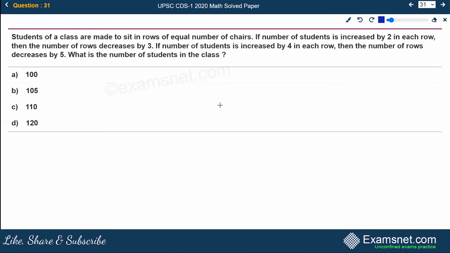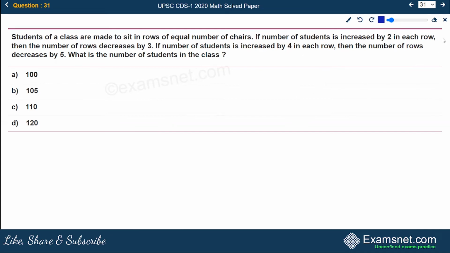So what they are given is that when the number of students is increased by 2 in each row, the number of rows decreases by 3. Also, when the number of students is increased by 4 in each row, the number of rows decreases by 5.